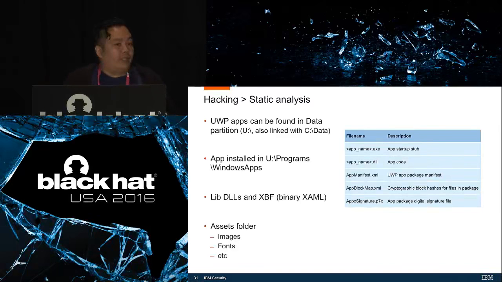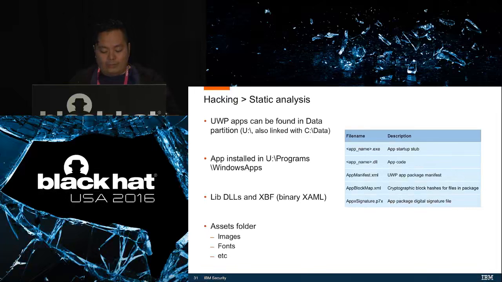The app manifest is similar to the Android XML manifest in that it lists the capabilities of the application as well. Other than these files, there are other DLLs that the app uses and XBF binary XML files used by the application.